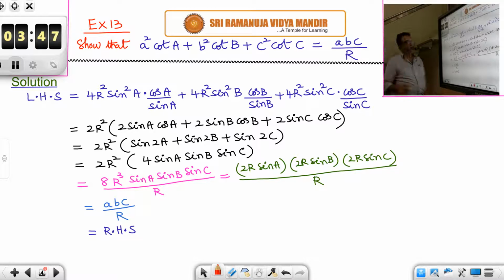a square cot A plus b square cot B plus c square cot C is equal to abc by capital R. Okay. So we have to prove that.